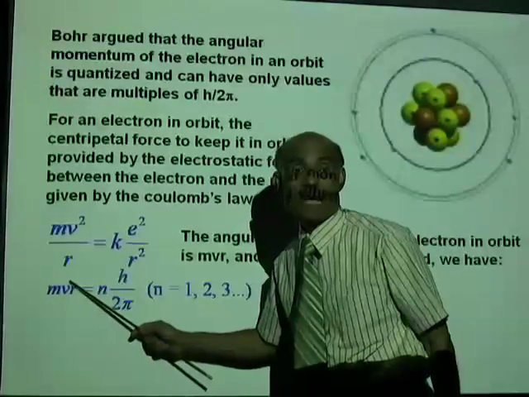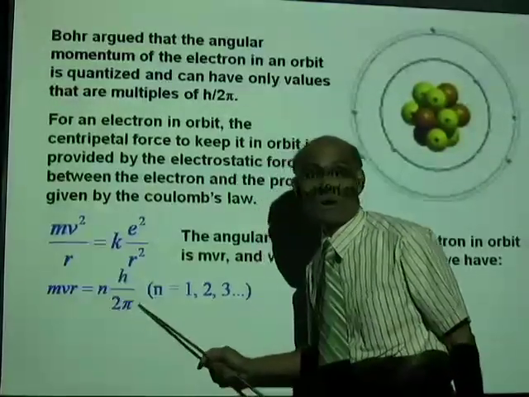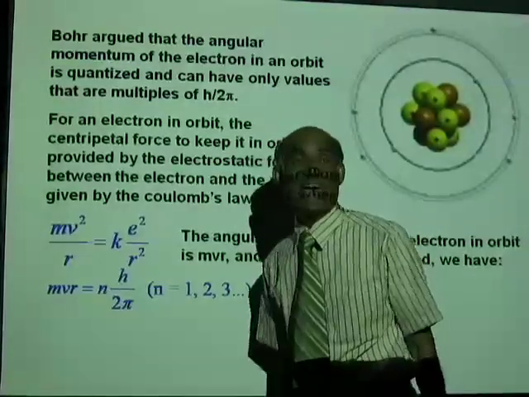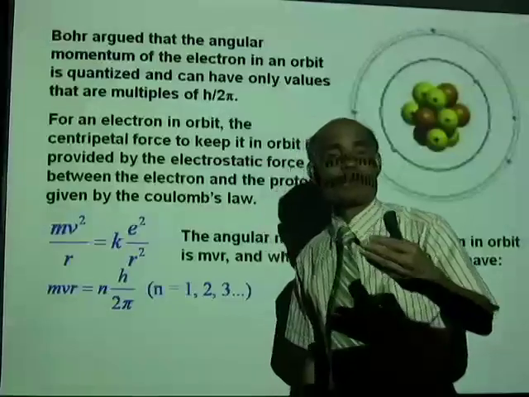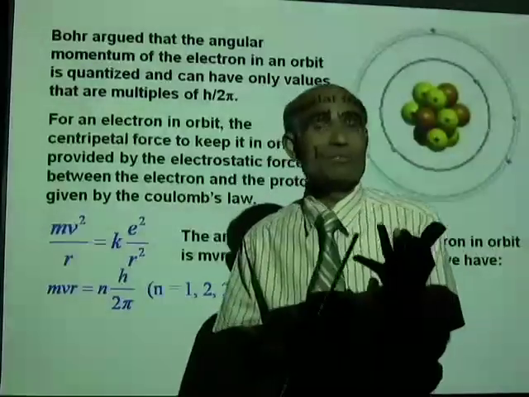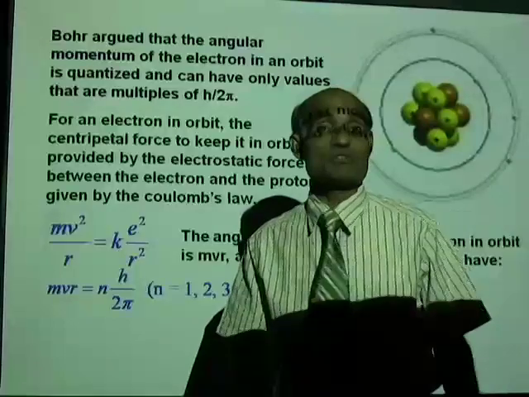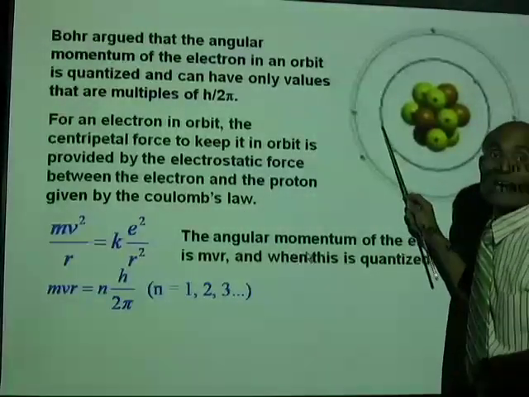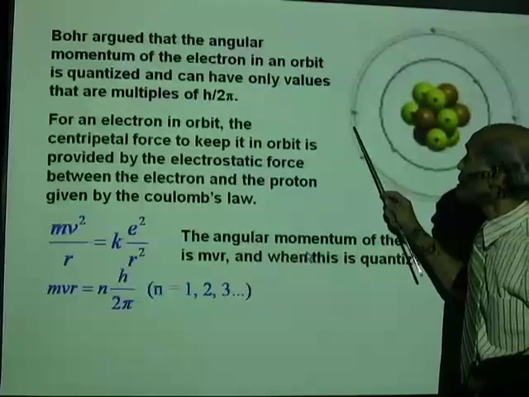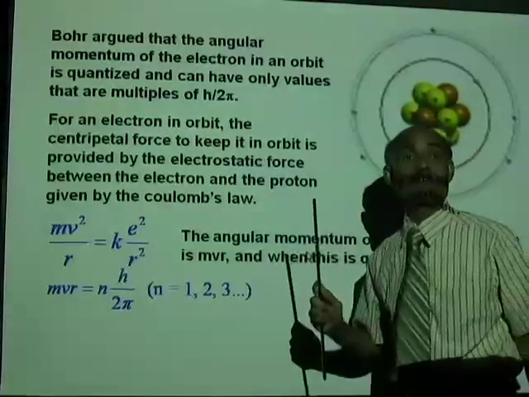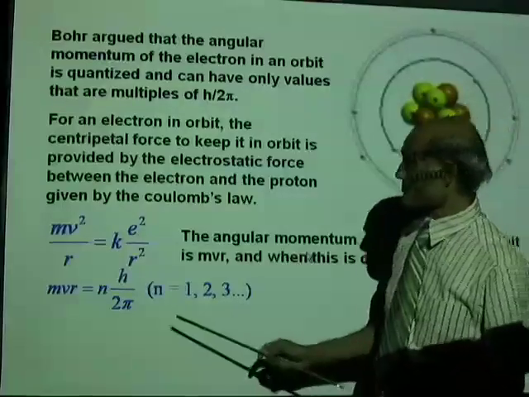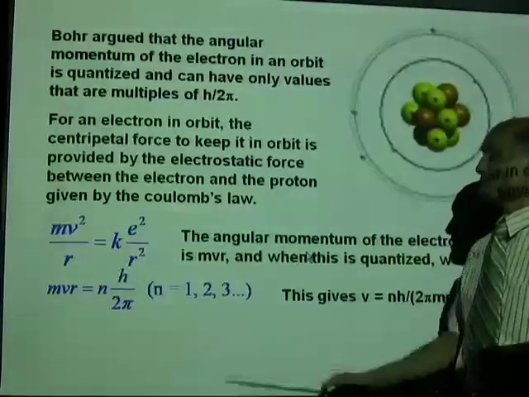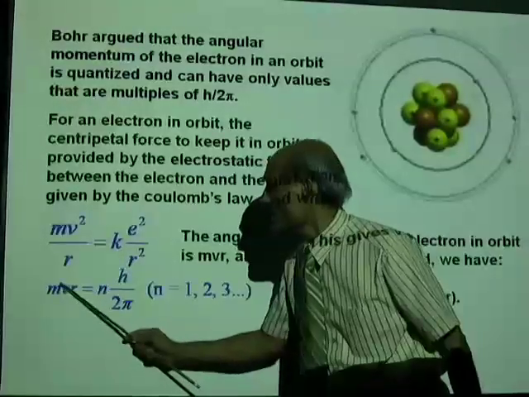The angular momentum has to be some multiple of h over 2 pi, and we have now used n as a multiple, where n can have the value 1, 2, 3, 4, and so on. That means if an electron is in the first orbit, n will have a value 1. If the electron is in the second orbit, n will have a value 2, and so on. Now, we can actually solve for v from that equation. Can you solve for v from there?